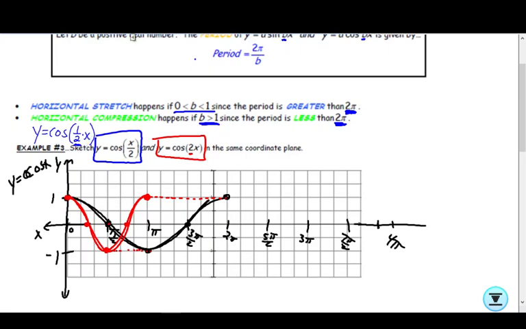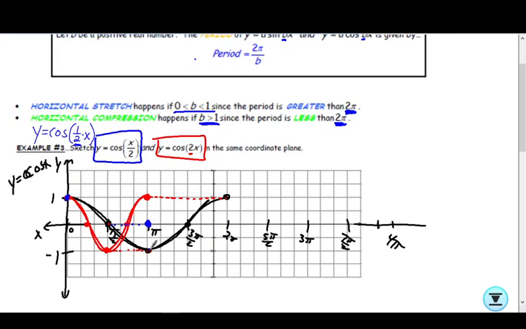So just like we did for the compression, we're going to look at our parent function and actually multiply them by 2. For instance, the x value here is 0. 0 times 2 is still 0. This is pi over 2 times 2, which will be stretched out to pi.